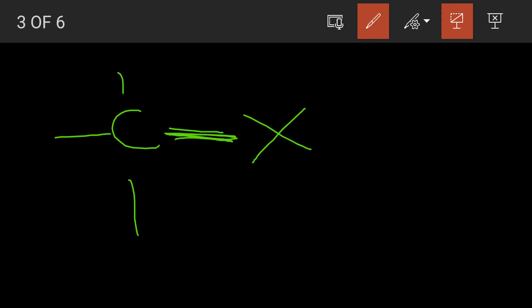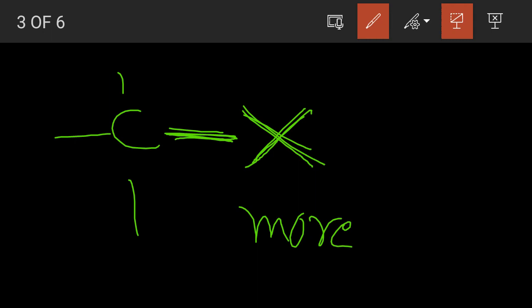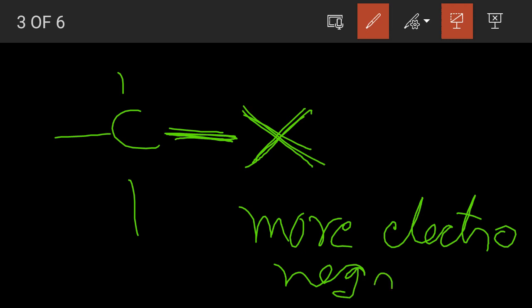In a nucleophilic substitution reaction, what happens? In the alkyl halide, the carbon and halogen bond is a polar bond because the halogen atom is more electronegative compared with the carbon atom.